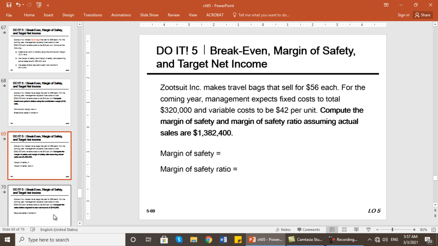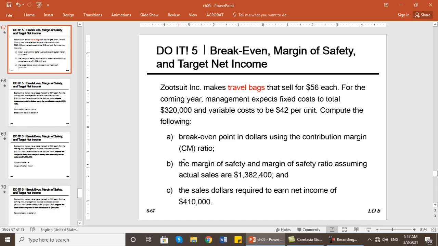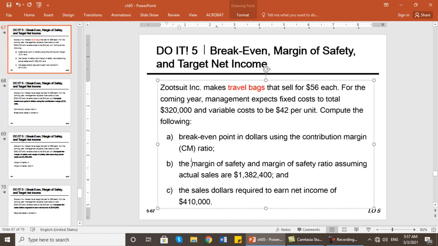Now in B, compute the following: the margin of safety and the margin of safety ratio, assuming actual sales are 1,382,400. In B, we need to calculate the margin of safety.